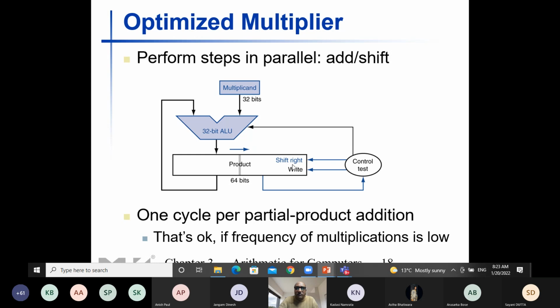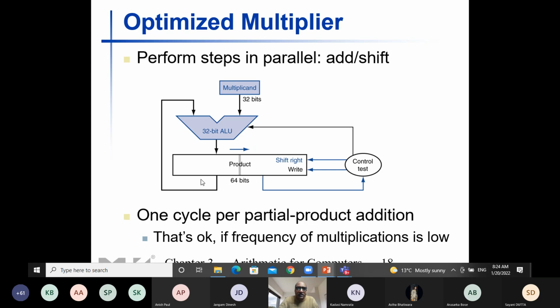When you shift towards the right, the least significant bit position of the multiplier comes out, and you can check whether it's a 0 or 1. Based on that, the ALU can be controlled, and the product shift can be done. This way you can perform the multiplication using the ALU and the other registers.